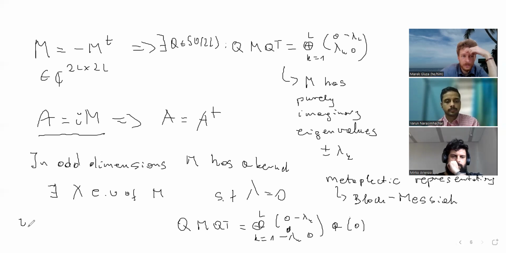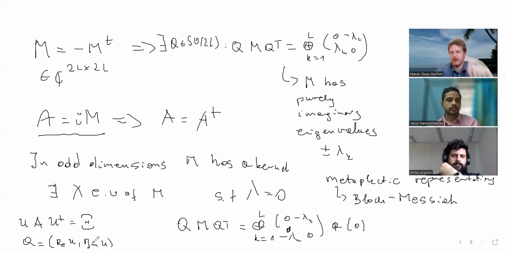Let's say that I diagonalize A by U, so that U dagger A U is some diagonal matrix. Then Q you can take to be the real part of U and then the imaginary part of U, and then transpose or not; you need to know the conventions. But basically, the trick is done by taking the real and imaginary parts of U. This is something you can do yourself for 2L by 2L. We can also do it in a separate session.